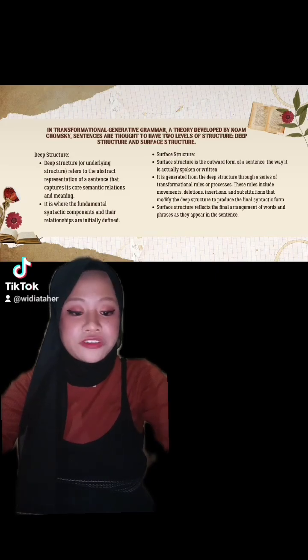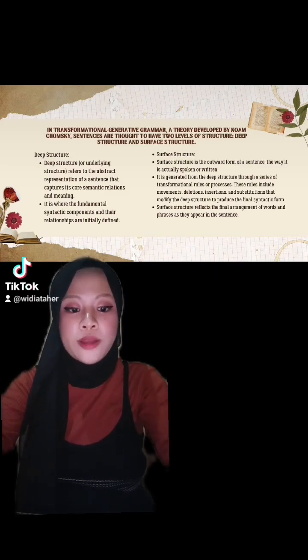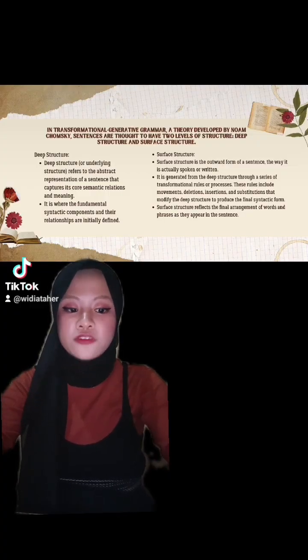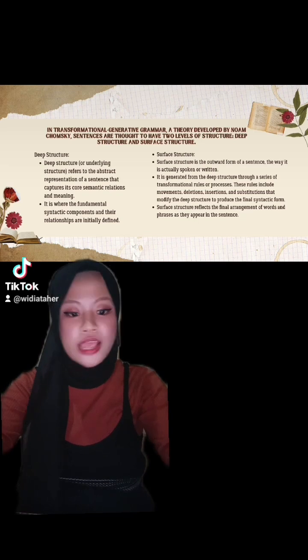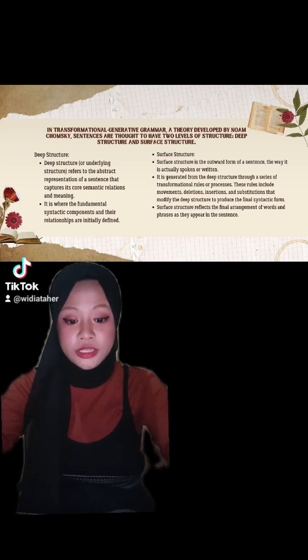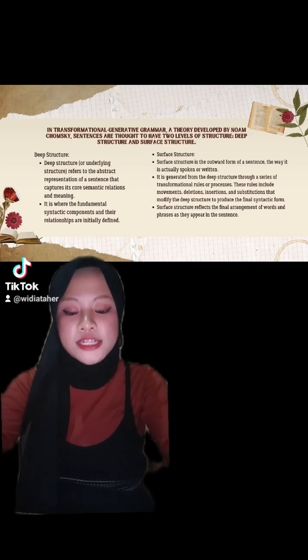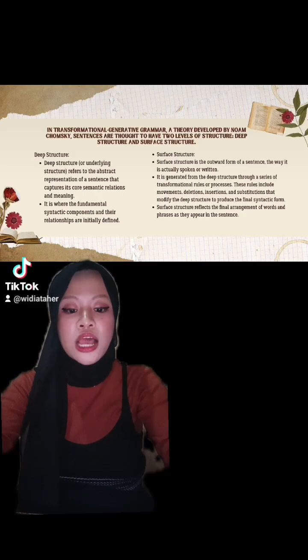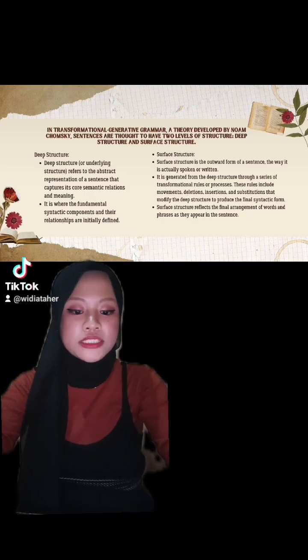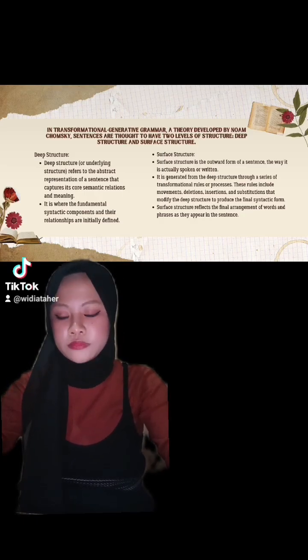In transformational generative grammar, a theory developed by Noam Chomsky, sentences are said to have two levels of structure, deep structure and surface structure. The deep structure, or underlying structure, refers to abstract representations of a sentence that capture its core semantic relations and meaning.